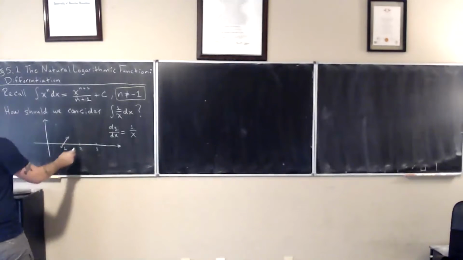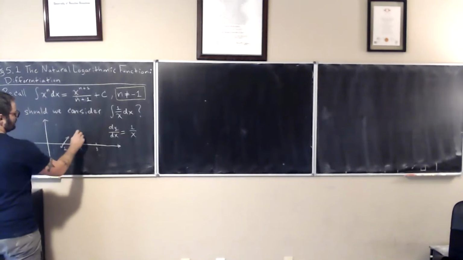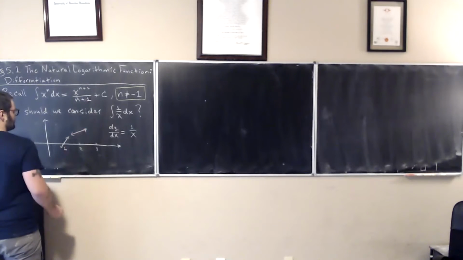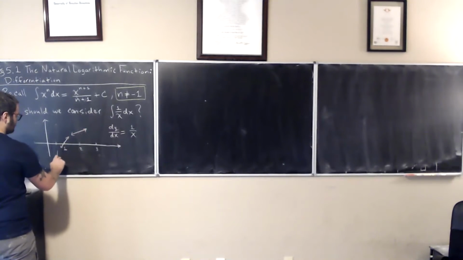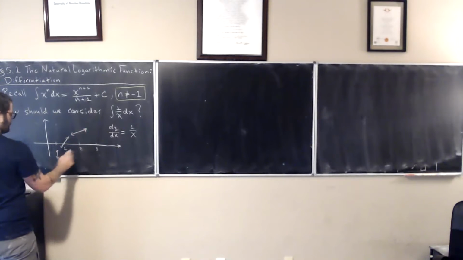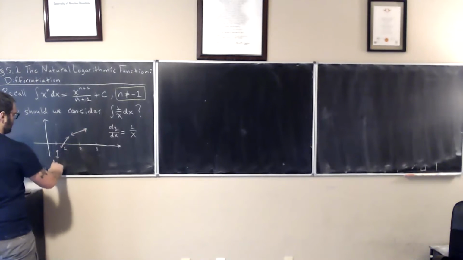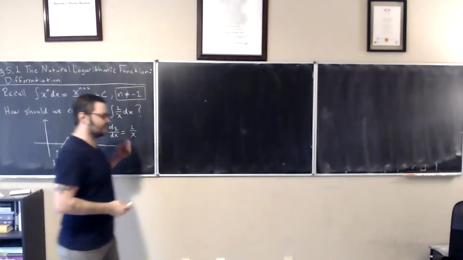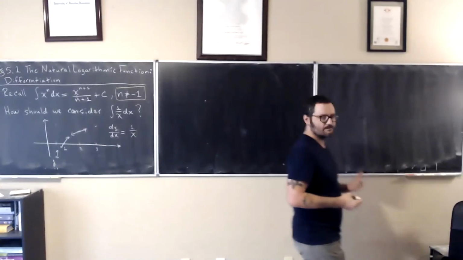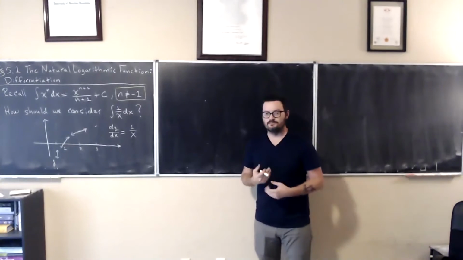Okay, at x equal to 2, the slope is 1/2, right? When x is equal to 1/2, the slope is 2, so it's steeper. When x is equal to 3, it's even steeper, right? So we can get a sense of what the original function is looking like just by looking at the derivative.